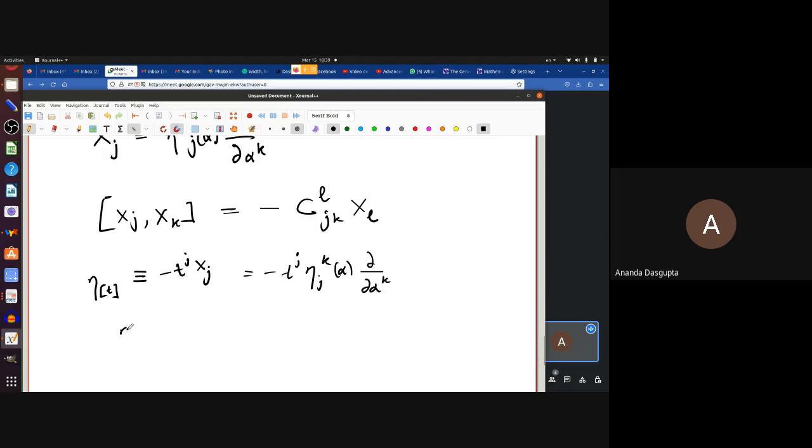Now it's obvious that if you go down the commutator, you'll get minus tjxj, minus ukxk.